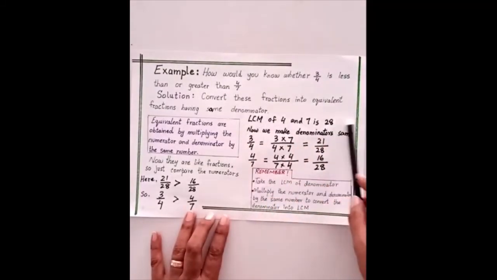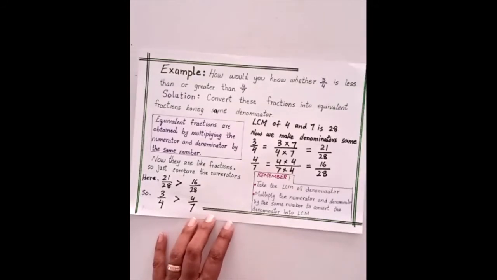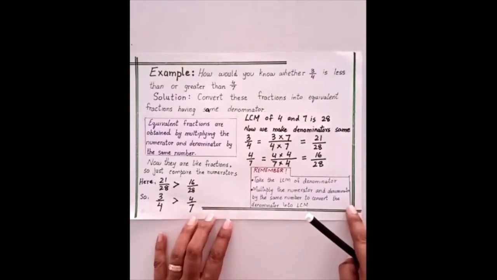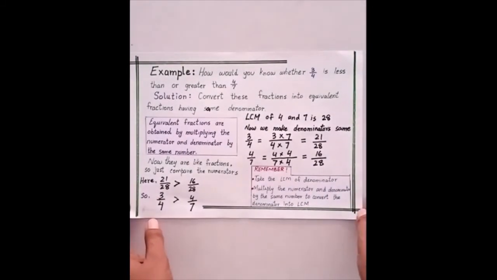LCM of 4 and 7 is 28. Multiply the numerator and denominator by the same number to convert the denominator into LCM. This is done, students. Now we'll move to the next slide.